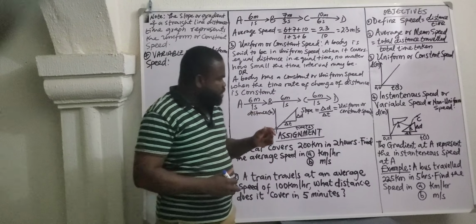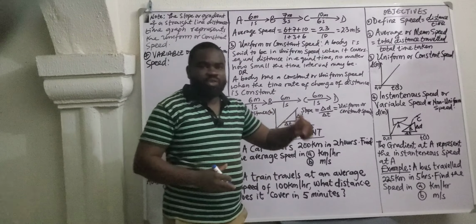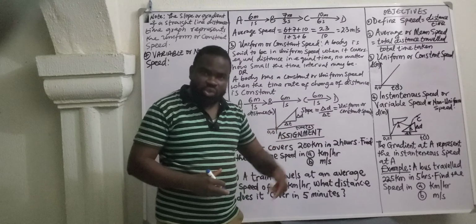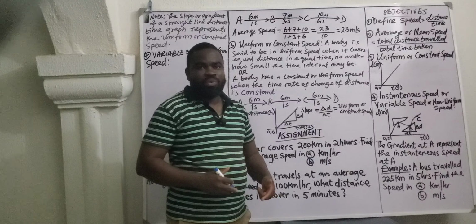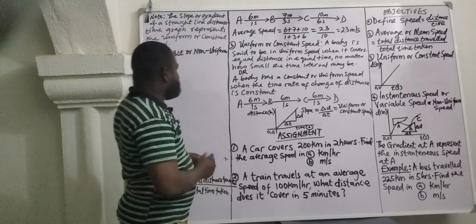That is, the rate of change of distance with time is not uniform. We call it variable speed or non-uniform speed.